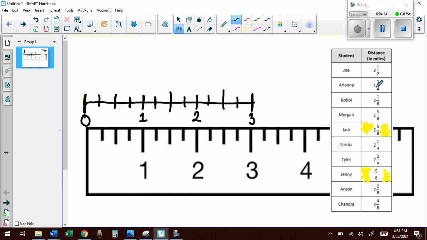And we also have some eighths tossed in there. So we need to go and partition each fourth in half.